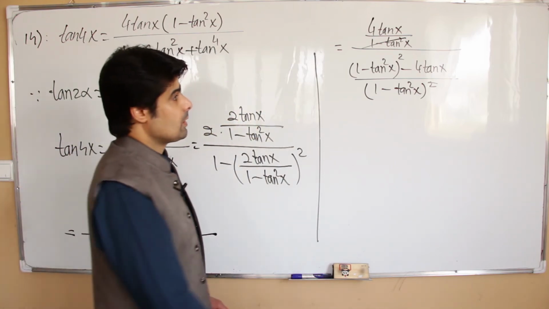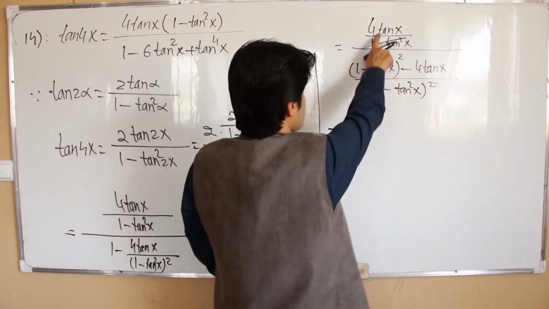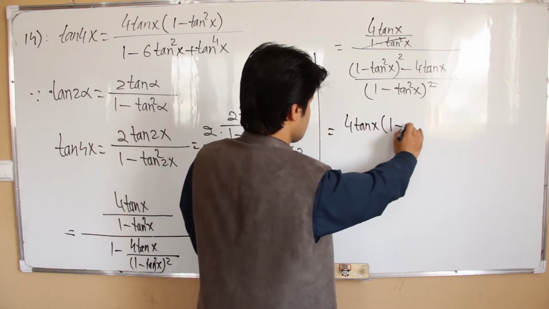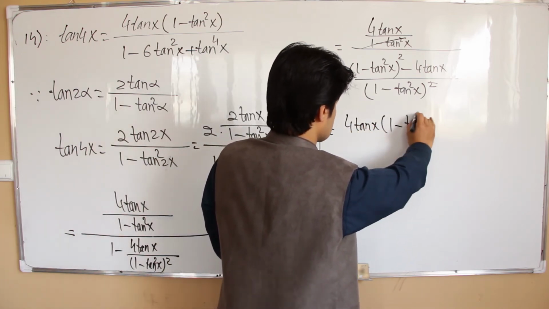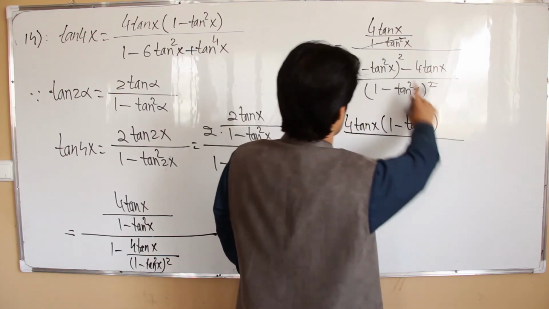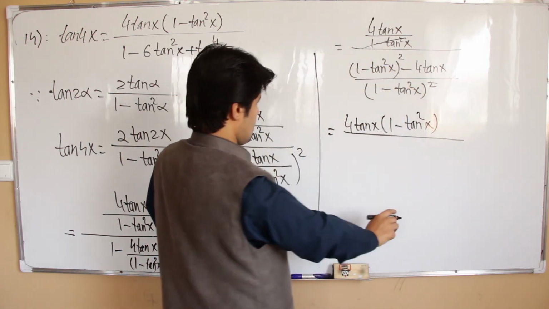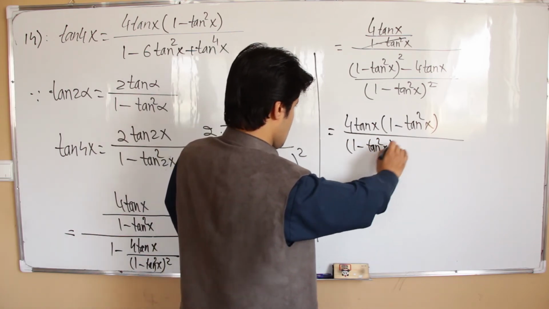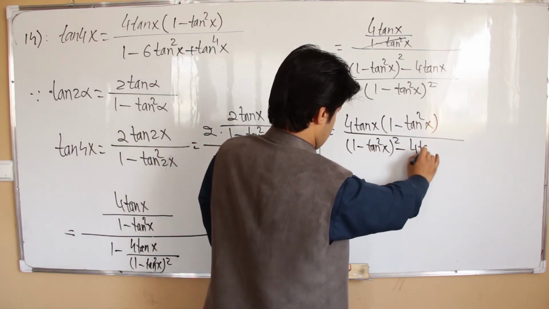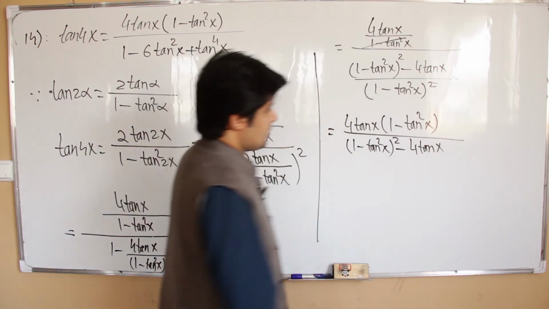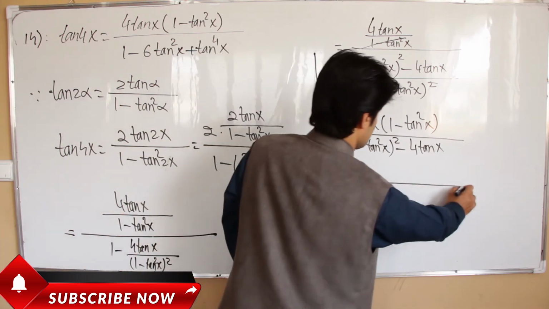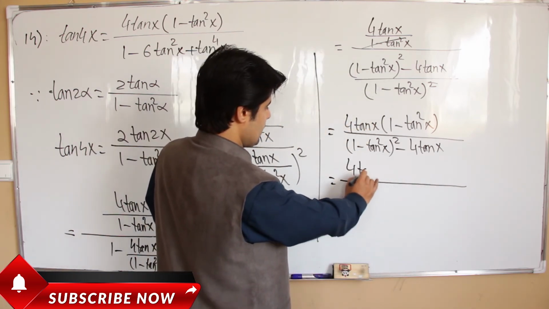Am I right? Yes. Now this multiplied with this one, 4 tangent of the x multiplied with 1 minus tangent square of the x, and 1 times this one, 1 minus tangent square of the x whole square minus 4 tangent x. Now if you simplify your denominator, I think you will find the answer.